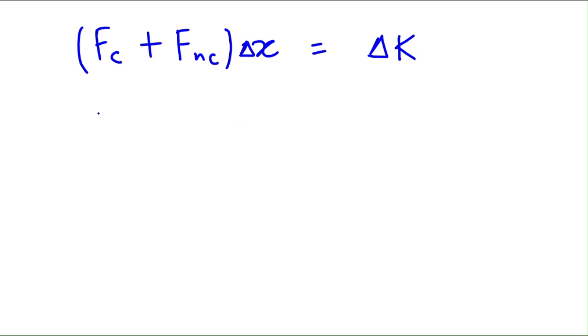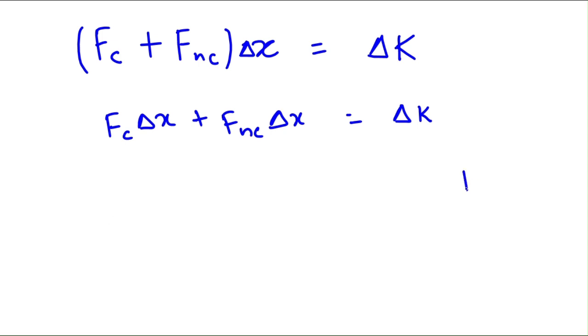So this conservative force, look here, plus this non-conservative force, times delta x equals delta K. And we know that the negative of work done by a conservative force is the change, it means the rise, in potential energy.